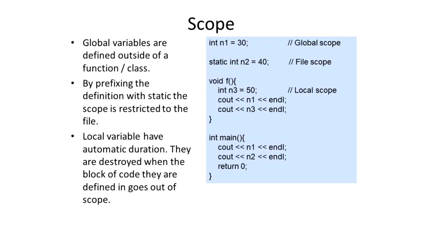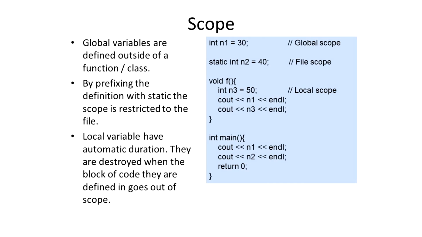Next, let's talk about variable scope. And you'll see here that there are actually 3 different types of scope, 3 different levels of access to variables. And that has all to do with where they're defined within the context of a program.